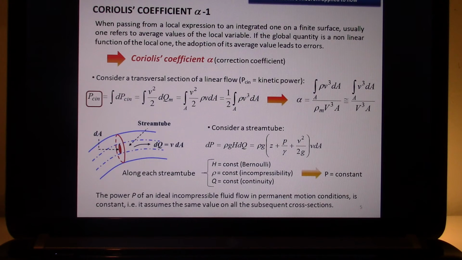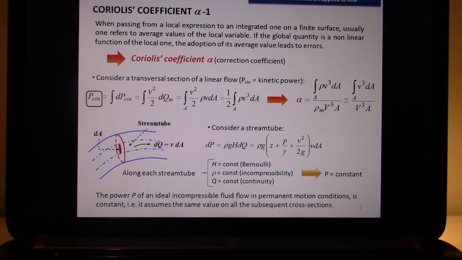This is true if we are considering the fluid flowing along a trajectory. Now our aim is to move from a trajectory to a finite surface. So basically we want to pass from a local expression to an integrated one on a finite surface. To do this, usually one refers to average values of the local variable, and this is good if the global quantity depends on a linear function of the local one.